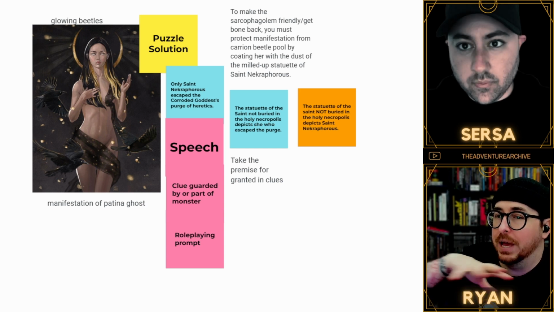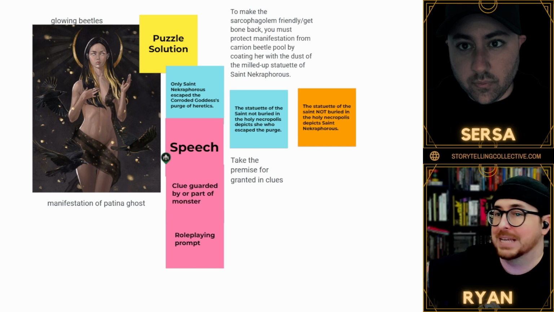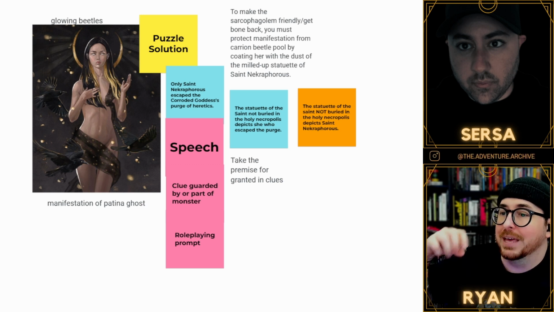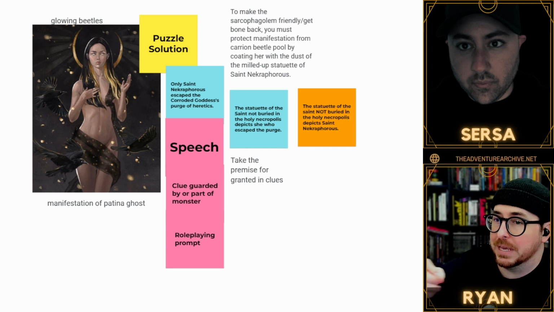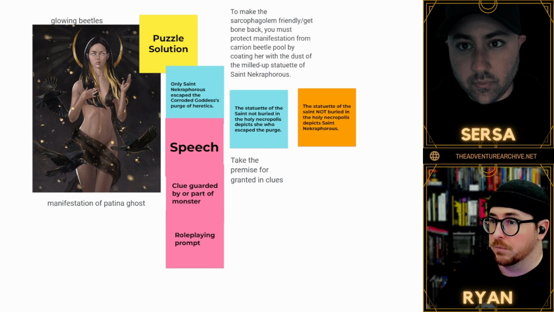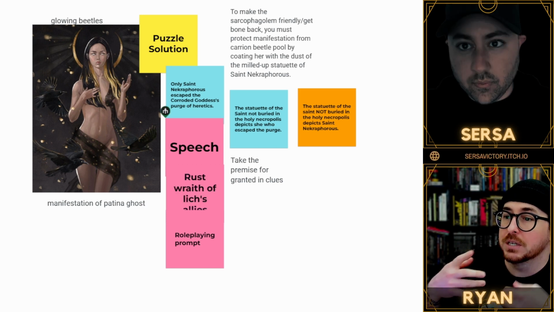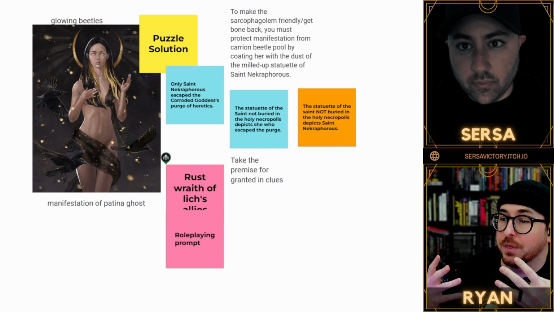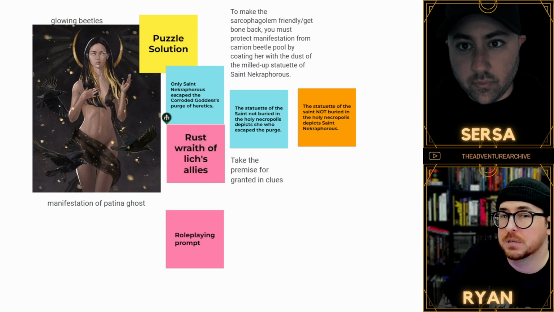So when you add a little bit more to it, it creates this wraith of all of the lich's allies that feeds you a bit of lore, and it could feed this information that they need, right? It doesn't even need to just become a wraith and speak to them. I guess there's that option.